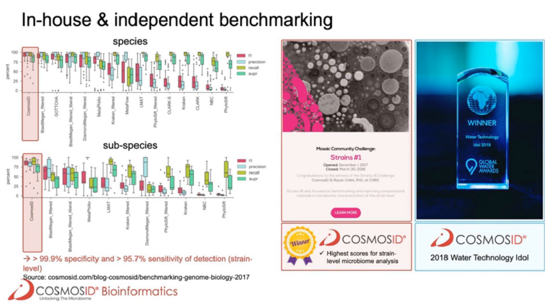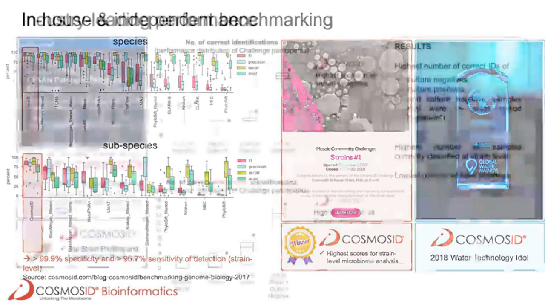Additionally, our performance on the biological sample was 64% higher than the score of the second best submission. Furthermore, we also have been awarded the 2018 Water Technology Idol Award for our seminal work on a metagenomic-based pathogen detection system for water safety and reuse.